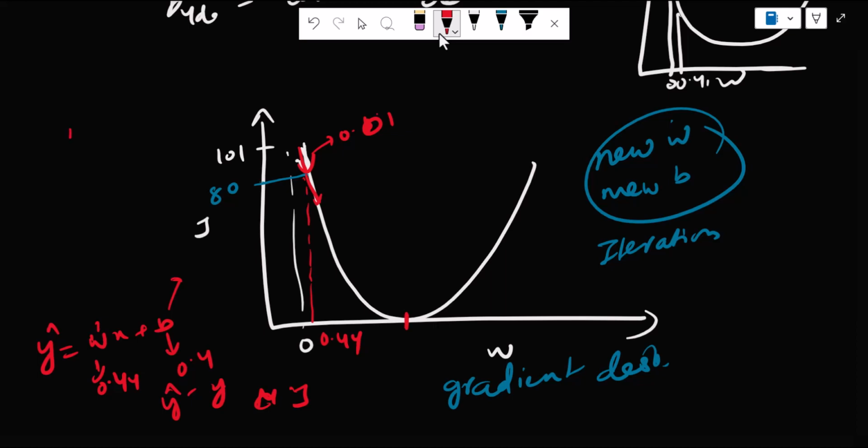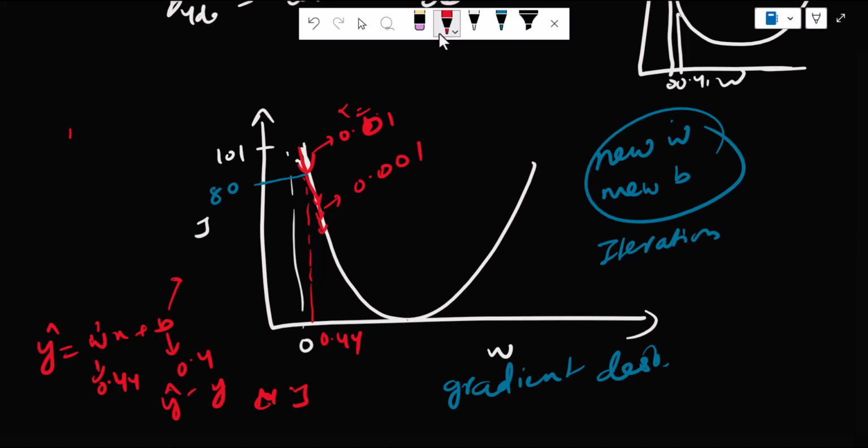This alpha equal to 0.01, which was the learning rate, is also a very important factor. If we take very small steps, say instead of alpha equal to 0.01 we take alpha equal to 0.001, we will reach our intended destination very late.